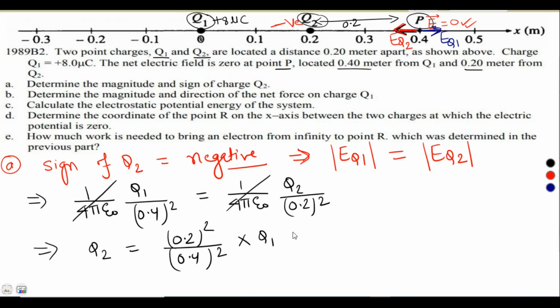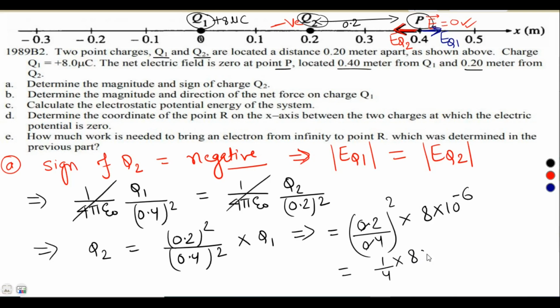So after solving this, we get 0.2 upon 0.4 whole square into Q1, which is 8 into 10 raised to power minus 6. This will be 1 by 2, squaring gives 1 by 4, into 8 into 10 raised to power minus 6.